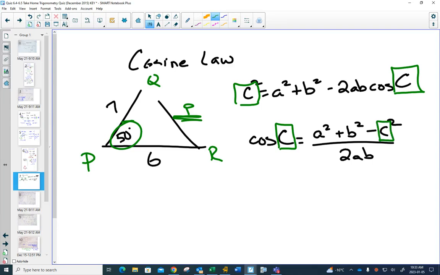The other sides actually do not matter the order. Mathematically, switching A and B around won't matter. So in this first example, we could solve for little p, and since we're solving for a side, we would use the first one. The second formula is more useful when solving for an angle.